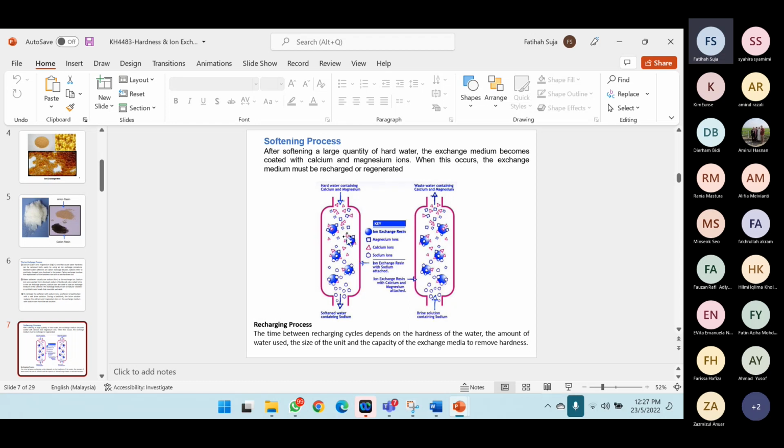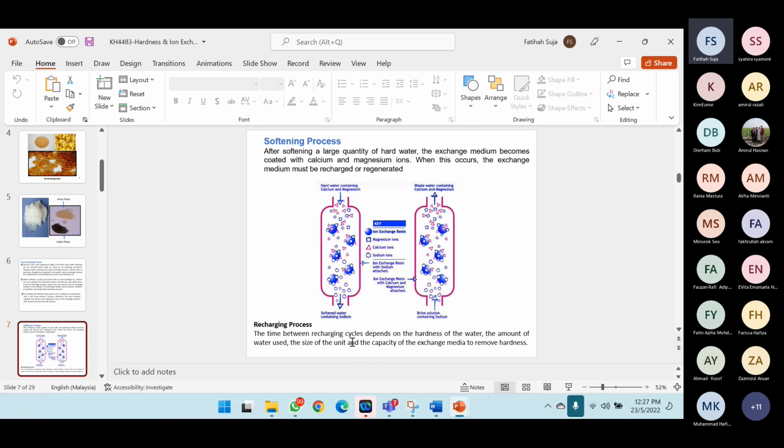Firstly, you get these magnesium ions coated on the resins, and then you have to recharge or regenerate, where you want to remove the magnesium ions attached on these resins into the outflow from the system.